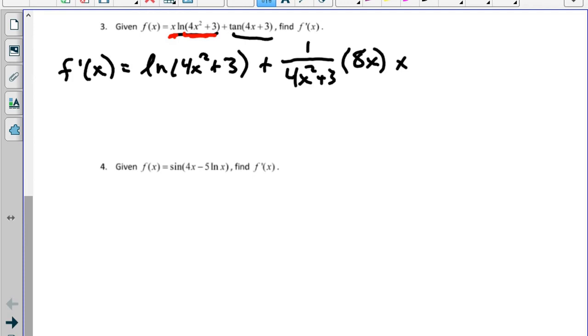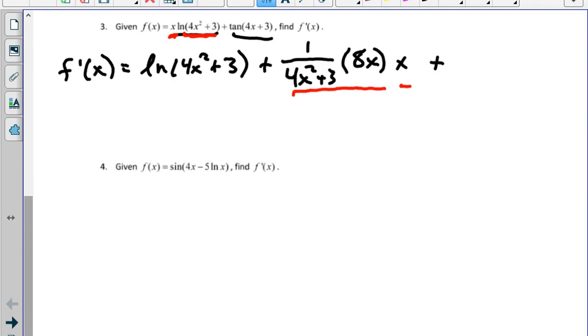So this is the derivative of the first, which was 1 times the second, plus the derivative of the second function, that's all of this, times the original function. And now we have one more part to this.